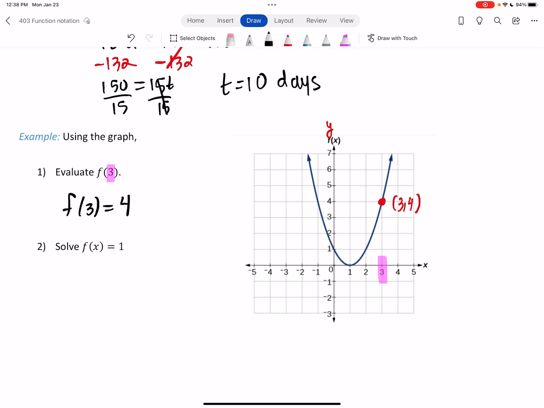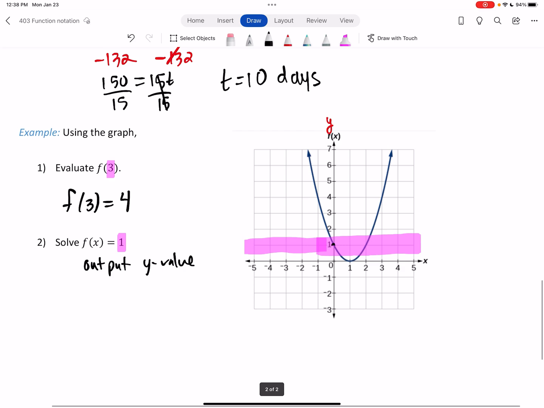Okay, now it says solve f of x equals 1. The 1 is my output, or my y value, and I'm looking for the x's. So on this graph, I want to go to y equals 1. Remember, y equals 1 is very long, right? It's a whole horizontal line.